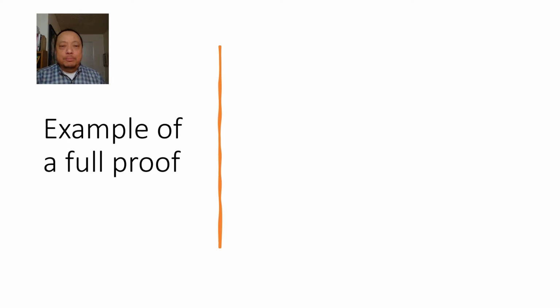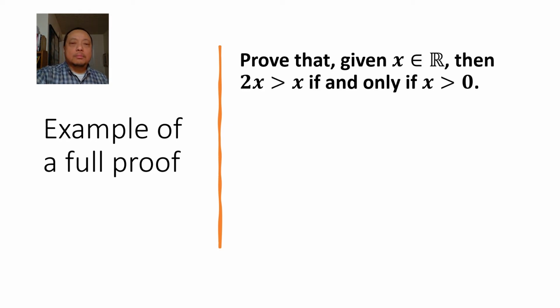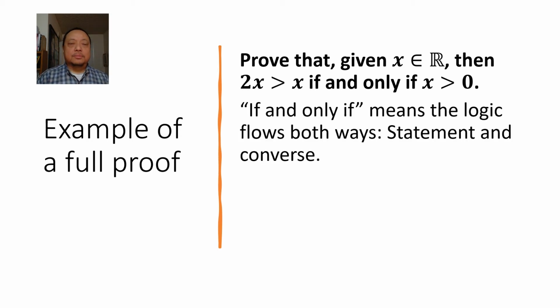Now let me do an example of a proof. Prove that given x in R, meaning x is a real number, then 2x is greater than x if and only if x greater than 0. First, I need to explain the words if and only if. It means the logic flows both ways.